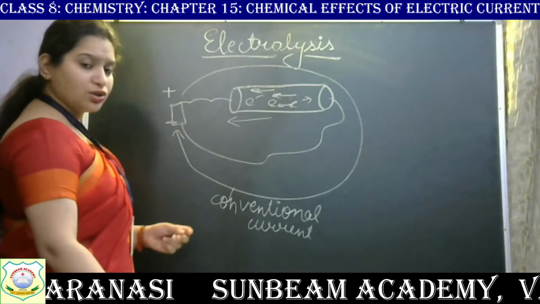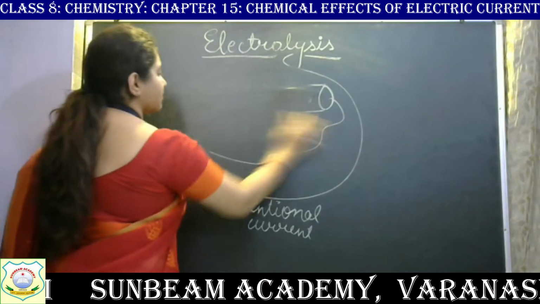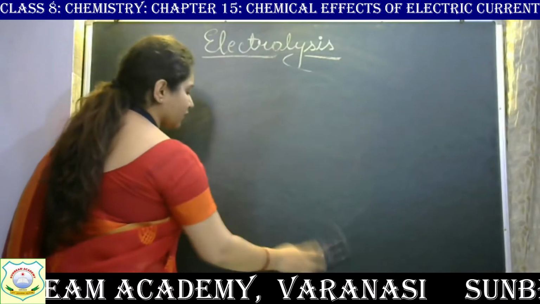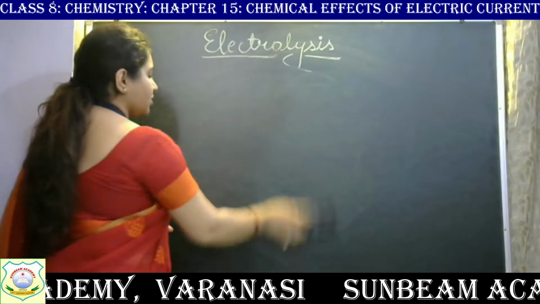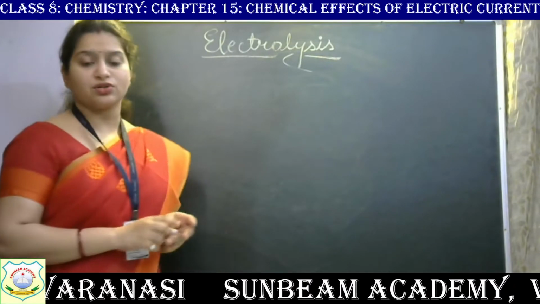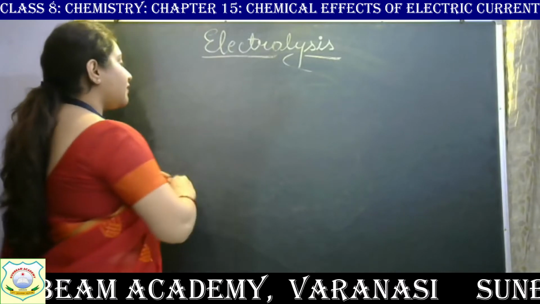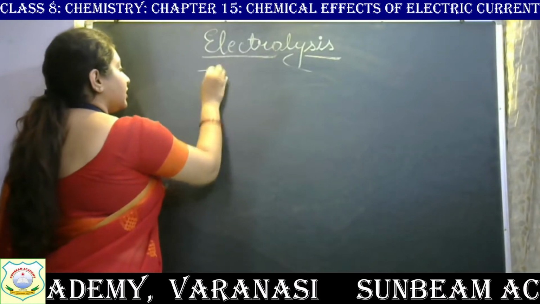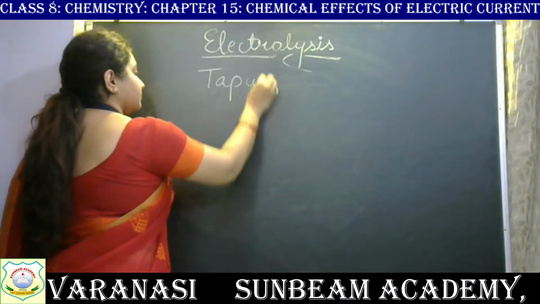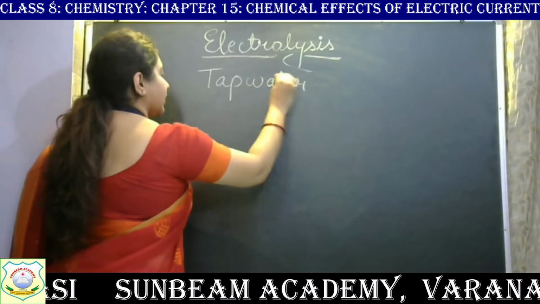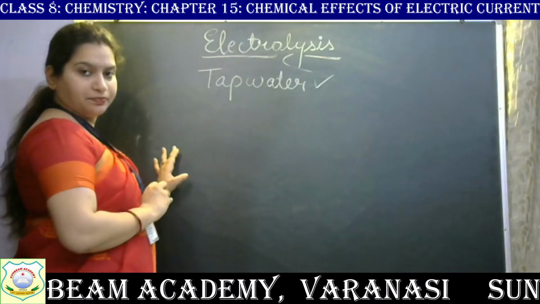Now we have also talked about in the previous class the conduction through electrons. We have also talked about conduction through liquids. In that we have seen that tap water can conduct electricity.